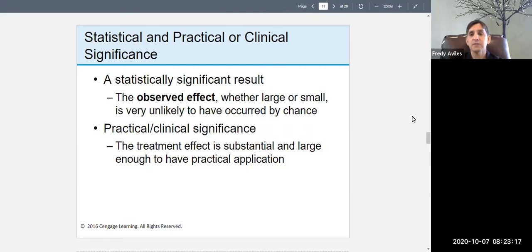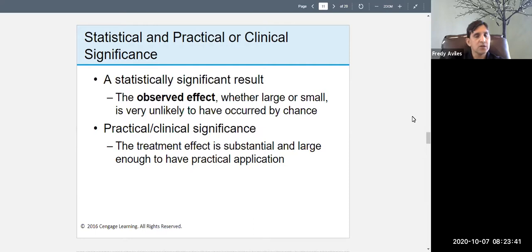The observed effect, whether large or small, is very unlikely to have occurred by chance. So statistical significance basically means that you look at the graph and you see, hey, look, right? You can clearly see an increase here, right? And you see it here again. Obviously, something's happening, so therefore, it's a real difference.